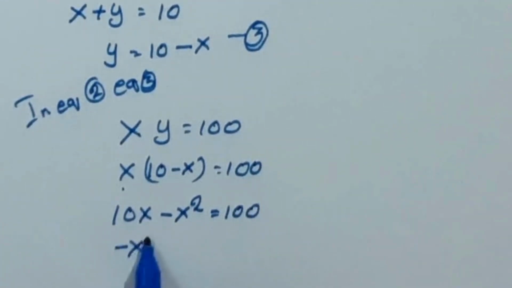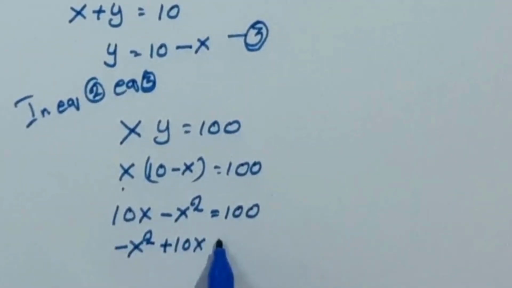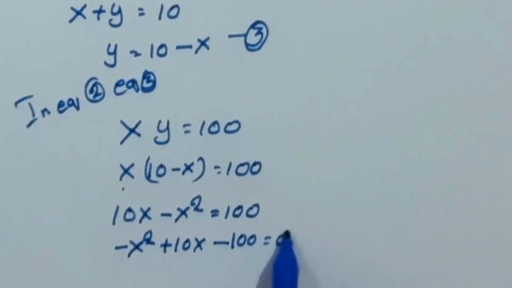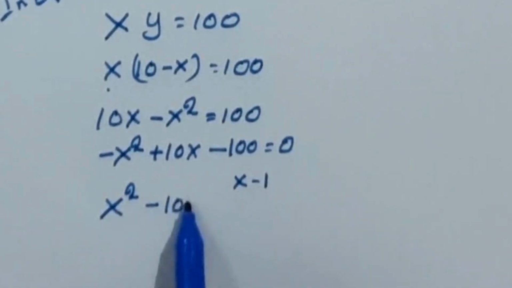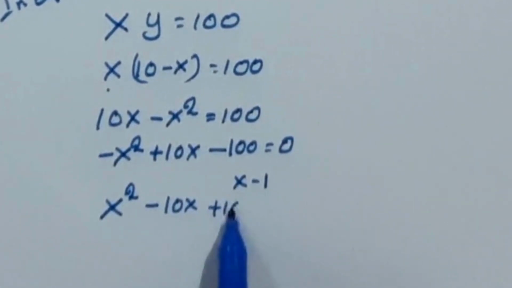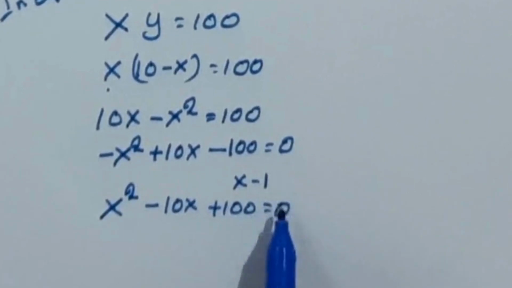Bring everything to the left hand side: minus x square plus 10x minus 100 equal to 0. Multiply by minus 1. So x square minus 10x plus 100 equal to 0.